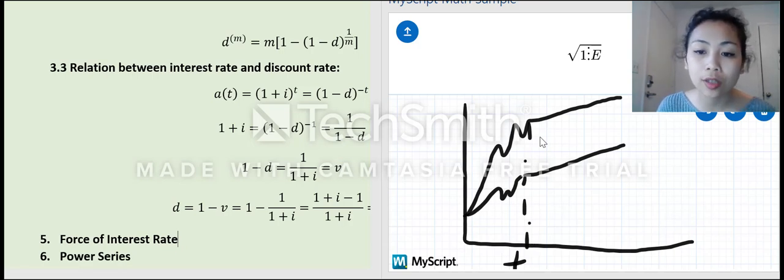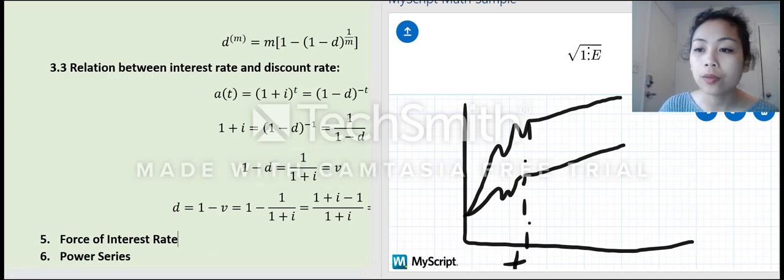So you might conclude that these two accumulation functions are the same, but actually if you look at the whole graph, they are not the same. So in some cases, effective rates and discount rates are not enough to compare two accumulation functions, and at that time we need another rate called the force of interest rate.